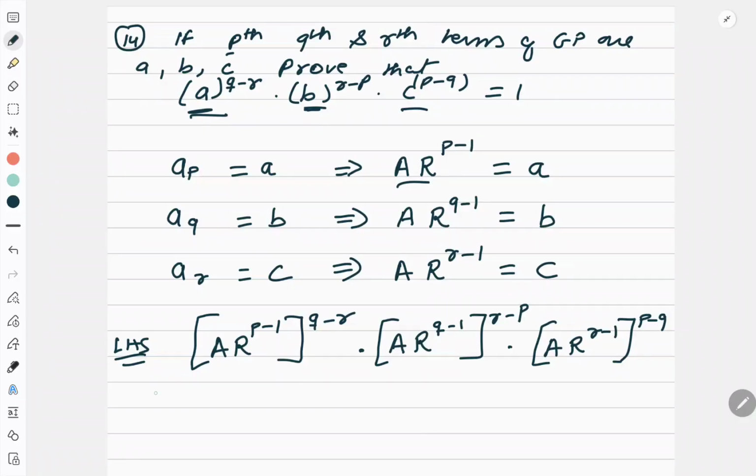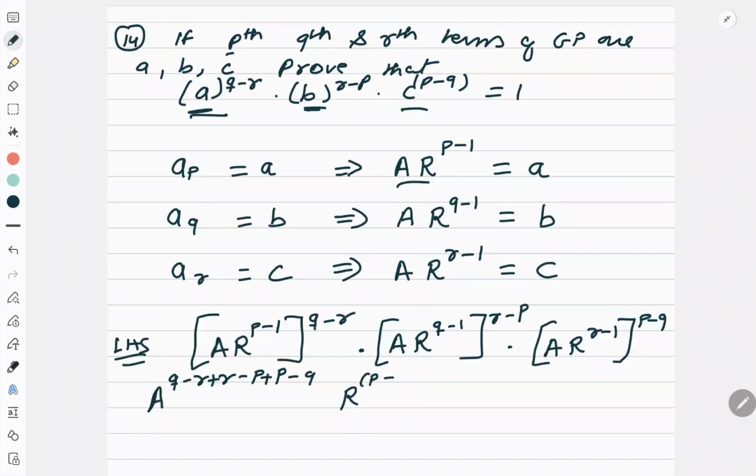Let us start. Now what will be the power of a? q minus r plus r minus p plus p minus q. Clearly this power is 0. Now look at the r.